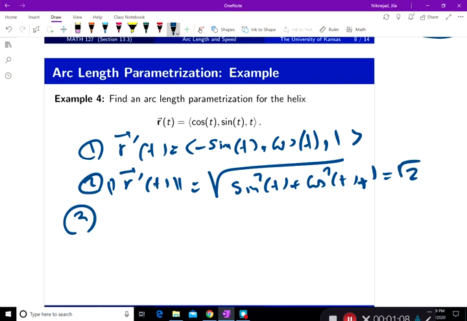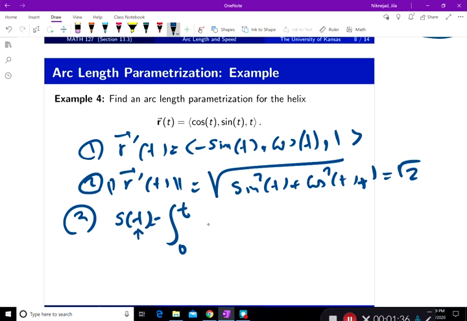Remember, when I'm writing s of t, it is the integral, and let's say this starts from 0. It's safe to assume that we start at time 0 and end up at time t. And this one has to be the variable that matches here, because we're finding the function.